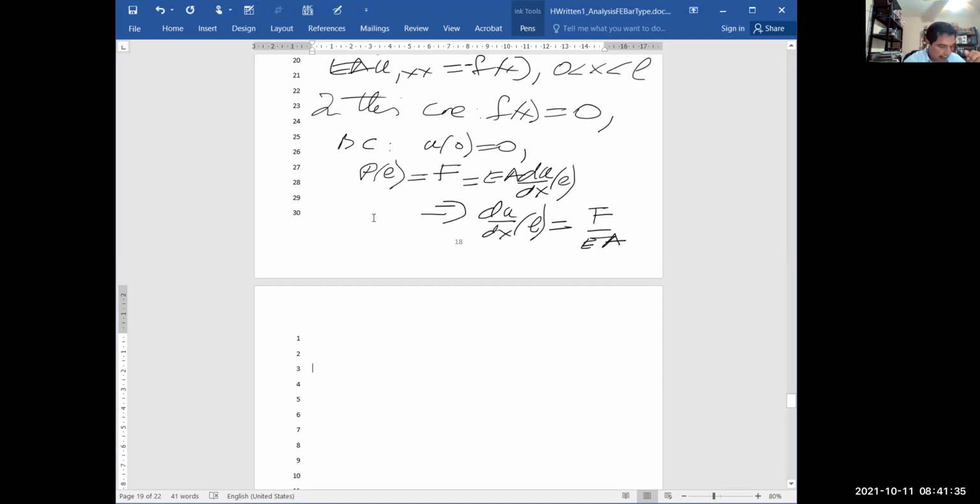You can recognize that if you have a different element, for example, different material, different area, different length, the term EA over L will be different, but everything else will be exactly the same. Then you have to establish the equilibrium for the system. In this case, it was one single element. We're going to do something more complex right now.